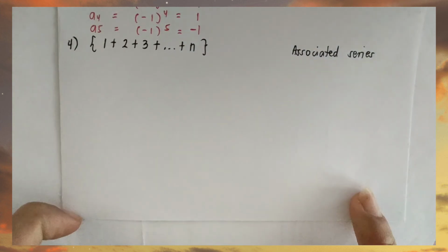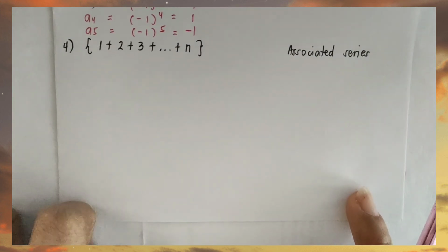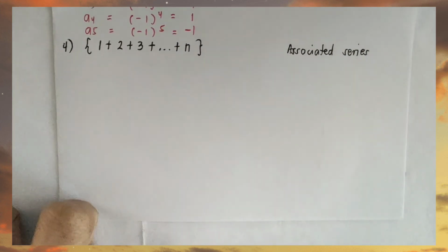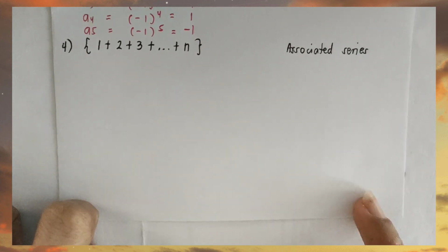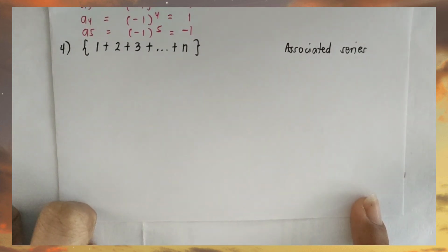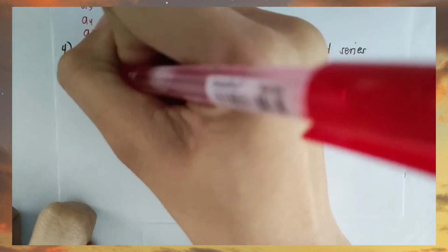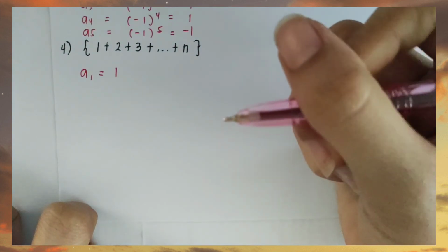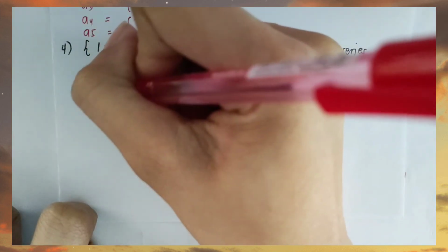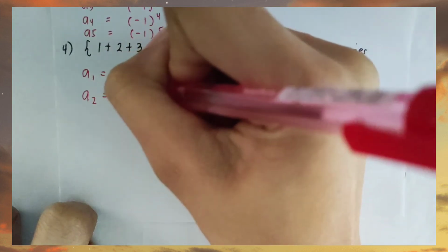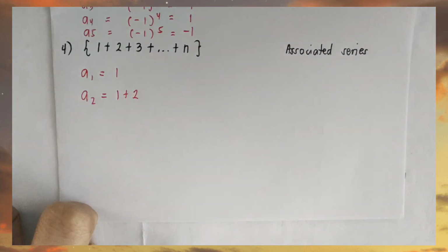up to plus n. We need to get the first 5 terms, and it deals up to n. So if we have A sub 1, this will be automatically 1. A sub 2 is equal to 1 plus 2 because it deals with the number of terms.